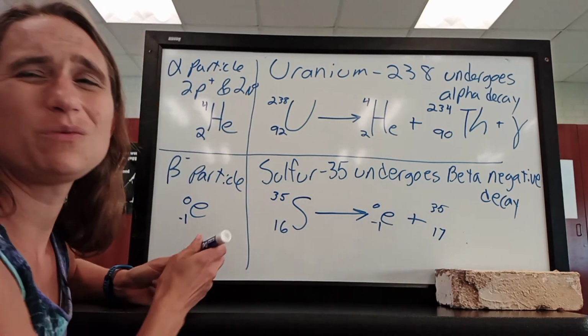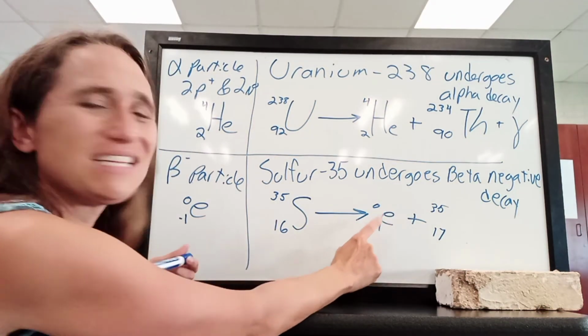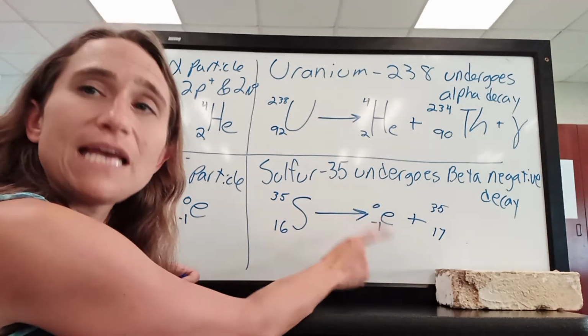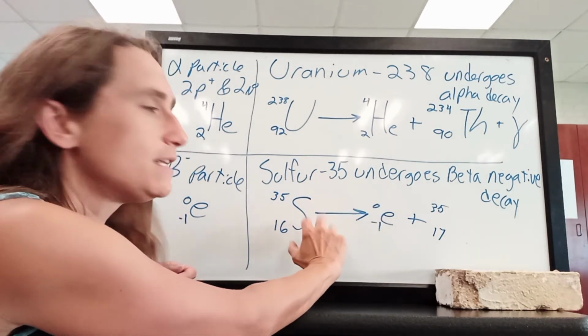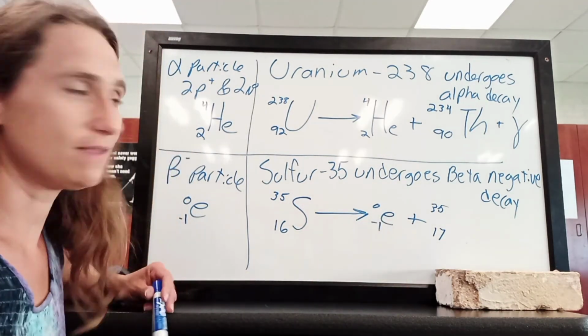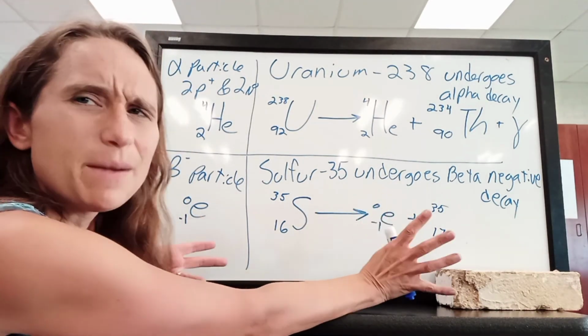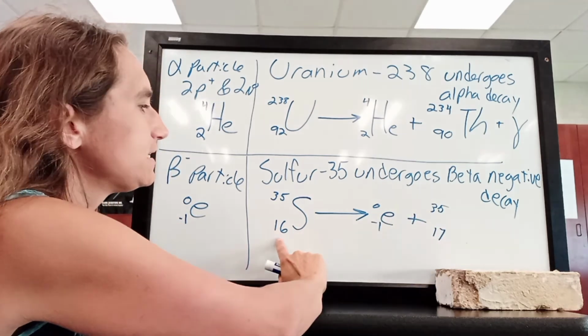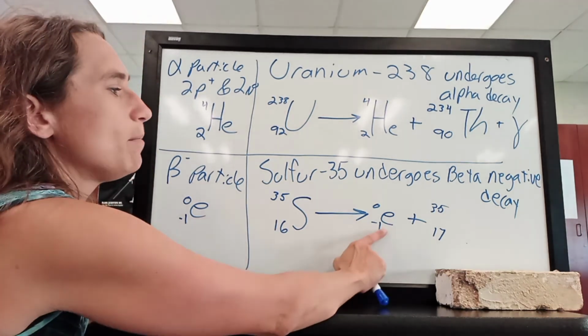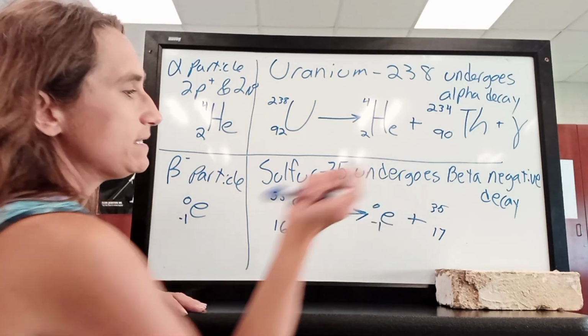Now, the reason that we actually end up with 17 has less to do with the electron and more to do with the fact that in beta negative decay, we have a neutron that decides it wants to be a proton instead. So I'm going to end up with 1 more proton than I started with. But the numbers work out like this. I always take these numbers minus those to get these. So 16 minus a -1 will give me 17.